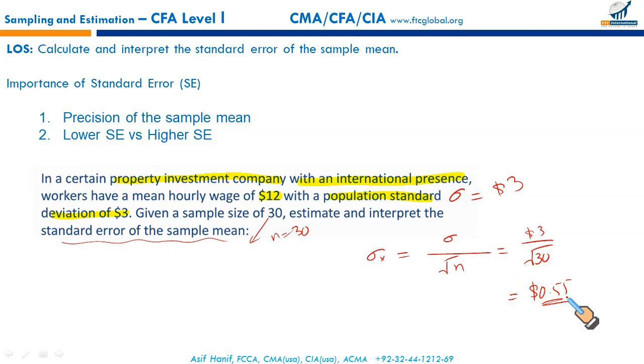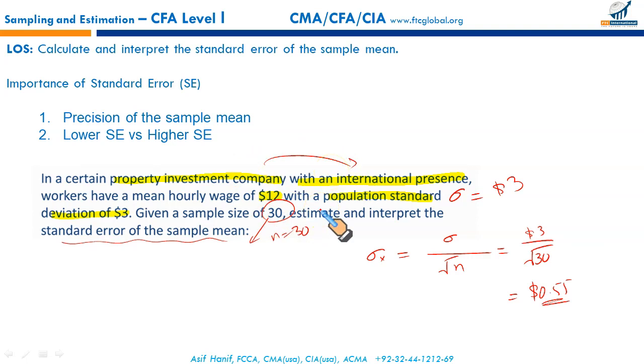Now what does this 0.55 tell us? This 0.55 tells us that this could be the level of precision in our computation of the population mean, because we did not conduct an investigation of the whole population. We just took 30 samples. Based upon this, we are trying to draw our conclusion.